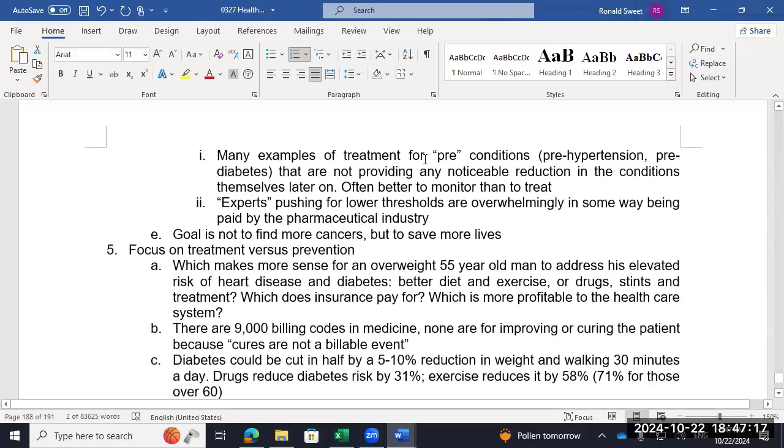So we have more pre-hypertension and pre-diabetes, and these diagnoses don't show any noticeable reduction later on. So it's not helping. It's costing us money to put them in that category, but it's not actually saving any lives. The experts pushing lower thresholds are overwhelmingly being paid by the pharmaceutical industry.